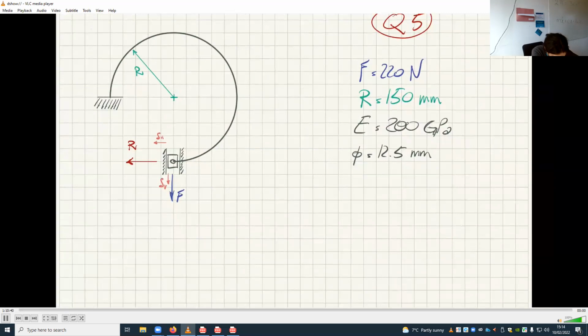Okay, so we don't need the energy again, so we can use the simplified integration. This is a curved component, so we want to see what's happening when I cut, say, here, and I look left in this case. And of course, I also know that this angle is theta.